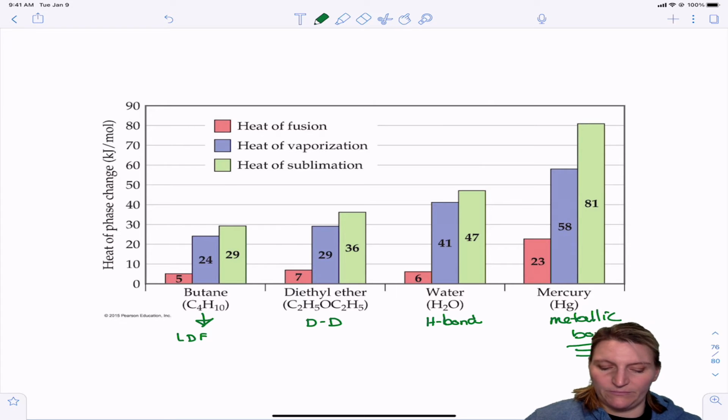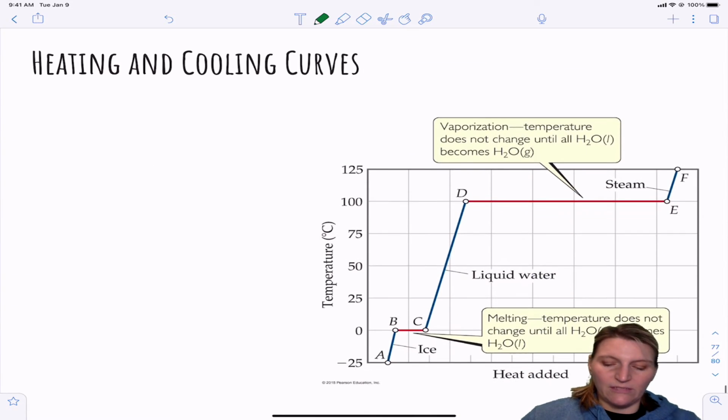So this is a heating or cooling curve, and one major feature that it will show is this straight line. And what does that straight line represent? Well, if you look at it, it's where heat is being added, but the temperature is not changing, and that must mean a phase change.